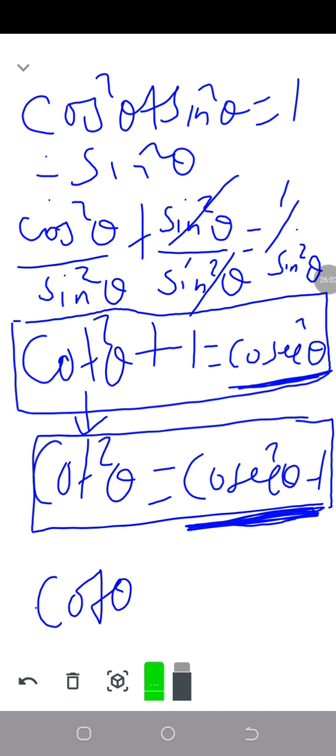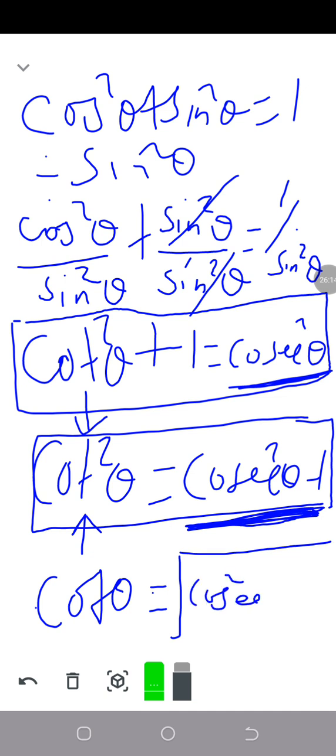So if you need cot theta alone from this, we can take the square root of both sides and we shall have cot theta equals the square root of cosec squared theta minus 1. So this identity is also important, especially when we shall be dealing with some kind of proofs.